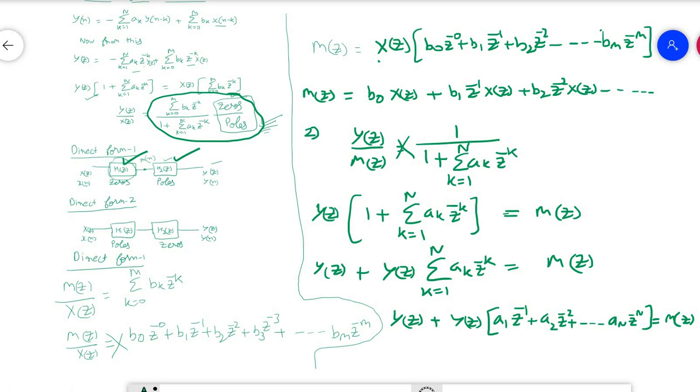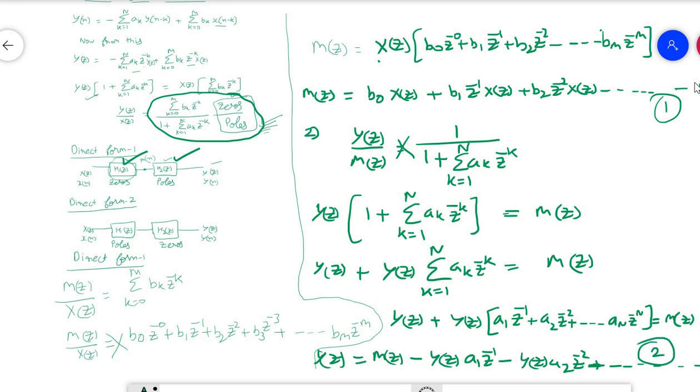Now after that, Y(z) plus Y(z) times this value changes into Y(z) equal to M(z) minus Y(z) a1 z minus 1 minus Y(z) a2 z minus 2, and so on. Now we get these two equations, the first one and this second one.